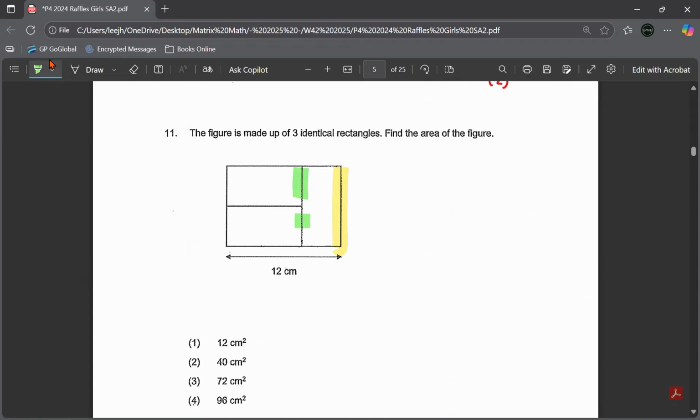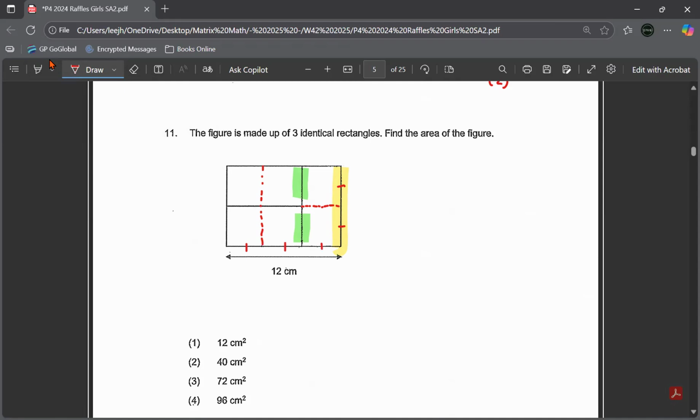1, 2. So we know one length is equal to 2 breadths, which means if I cut this, this will be equal to one another. I cut one rectangle into half, so all this also can be cut, so that all the measurements will be equal.